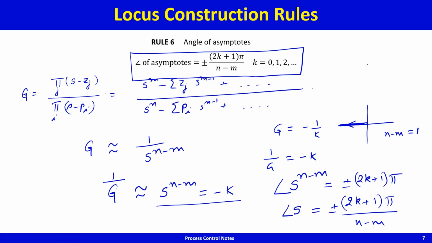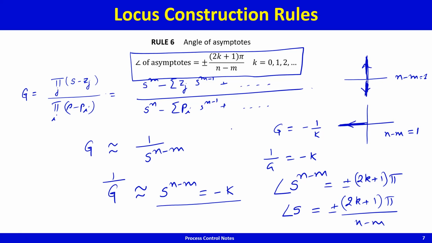For n minus m equal to 2, there are two asymptotes, one going up like this, plus pi by 2, the other one going down like this, minus pi by 2.